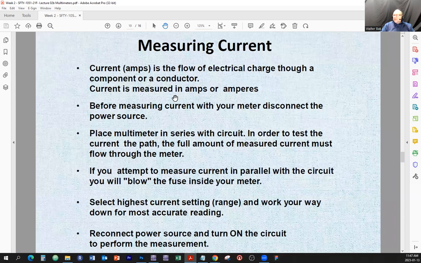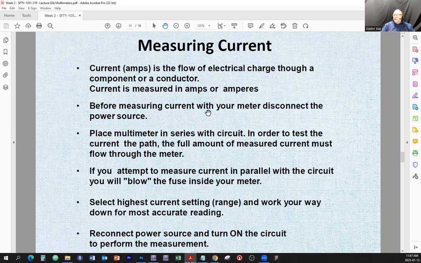Now, measuring current, as opposed to measuring the voltage. Here we have what the current is. Current, amps, is the flow of electrical charge through a component or a conductor. Current is measured in amps or amperes.